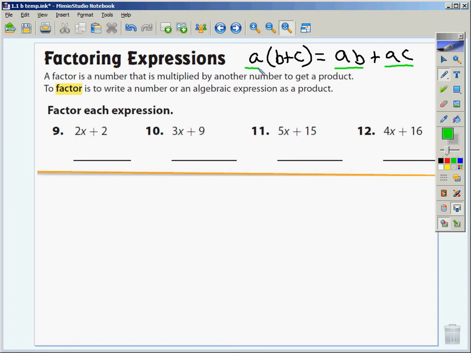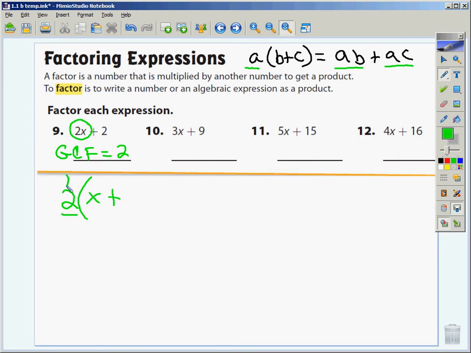If I take a look at number 9, what would be the greatest common factor in 2x and 2? 2. So I can make 2 a factor. What would I multiply the 2 by to get 2x? 1 what? 1x.